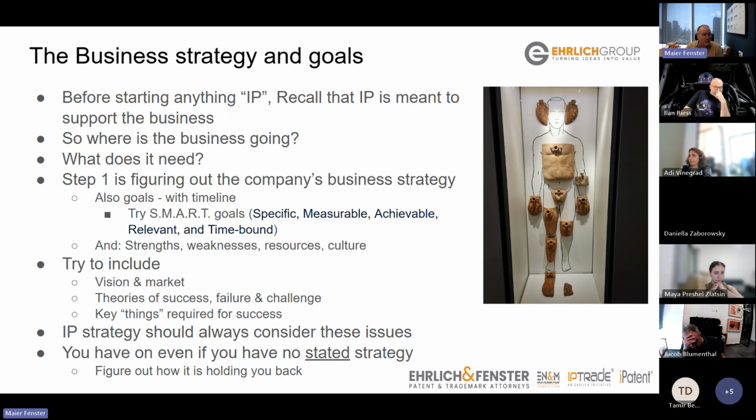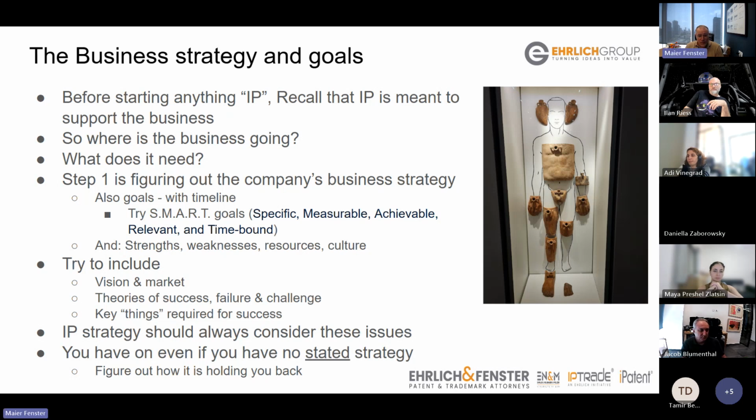I've talked about these before. And often you have some key elements that are required for the company to succeed, and we want the IP to help these key elements do it. So IP strategy should, I'm saying always, but more or less always, be considering these issues.